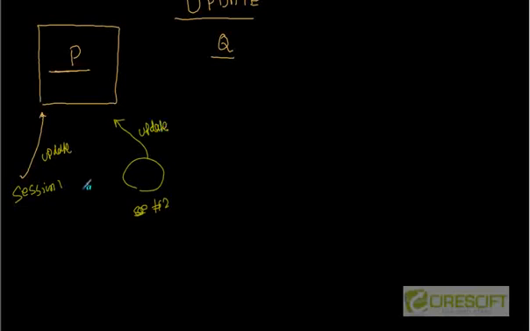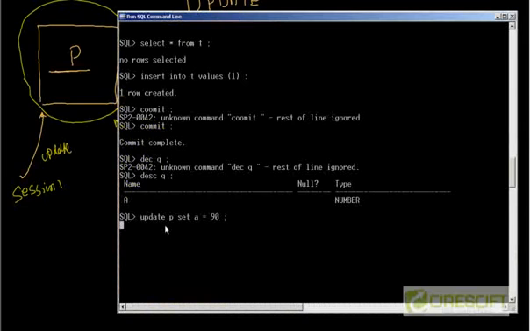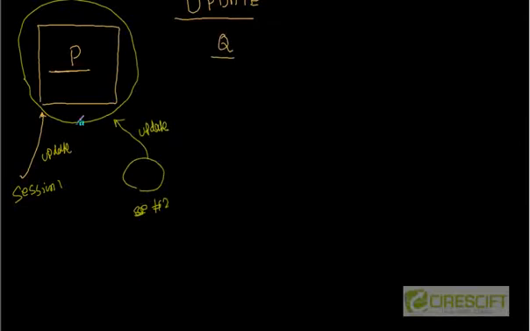Whenever we do an update on P, there is a lock on table P, and the lock is acquired by session 1 at this point. Whenever session 2 goes there, it sees that there is a lock and has to wait. And that is exactly what is happening here. Session 2 is waiting. This lock is going to be released when session 1 does either a commit or a rollback.